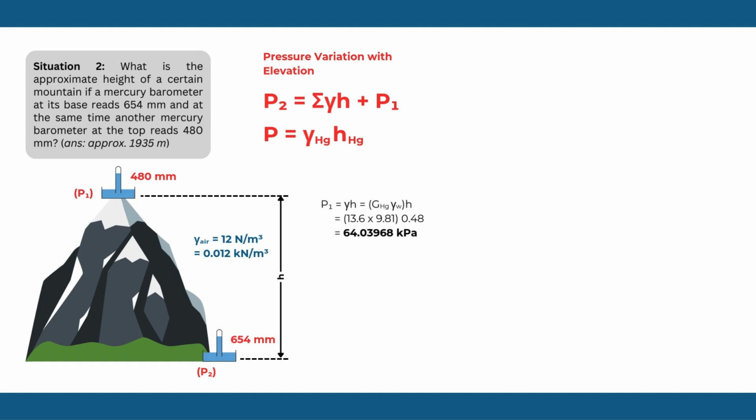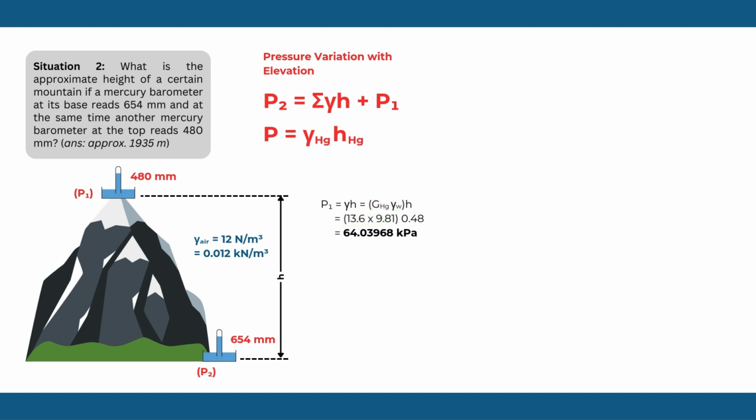So for this one, very usual na ginagamit ang specific gravity na 13.6 when it comes to mercury. And as you all know, in order to determine the unit weight of a given substance, multiply lang natin yung specific gravity by the unit weight of water, which is also another standard value of 9.81 kilonewtons per cubic meter.